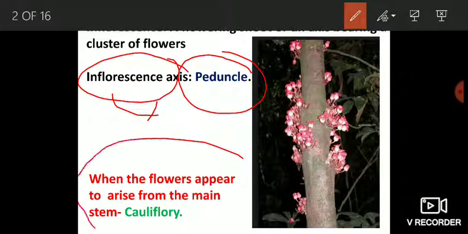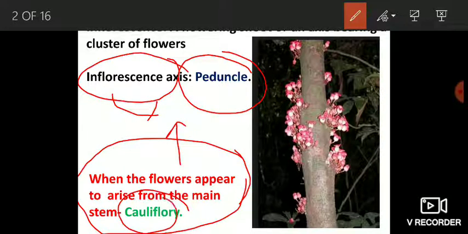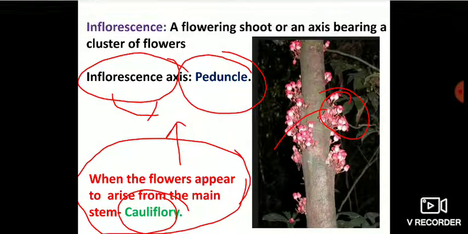One more important point to remember is, if the flowers appear to arise directly from the main stem, this is known as cauliflory. Here you can see a group of flowers arising from the main stem in the form of a cluster. This is known as cauliflory.